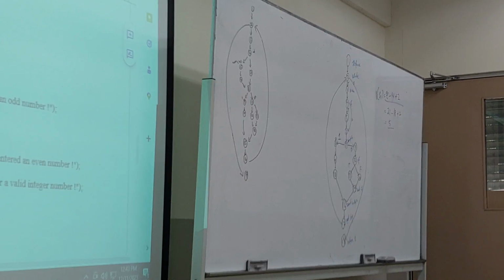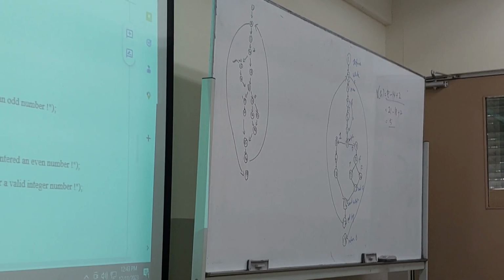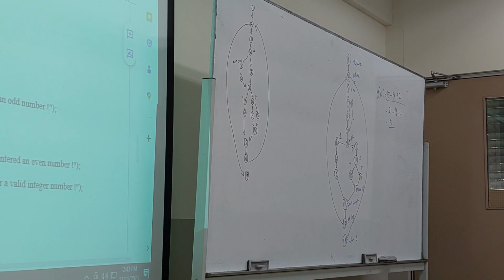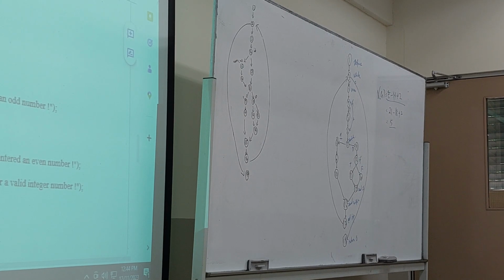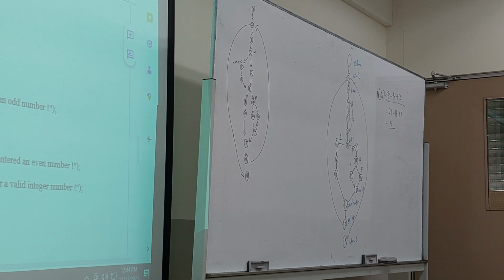Is there logically any path that will not happen? Let's see. If the number is 0, what happens? The num which I enter is 0. It will display invalid, correct? It means 4, 5.